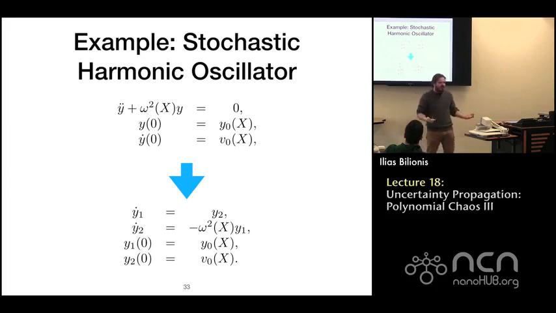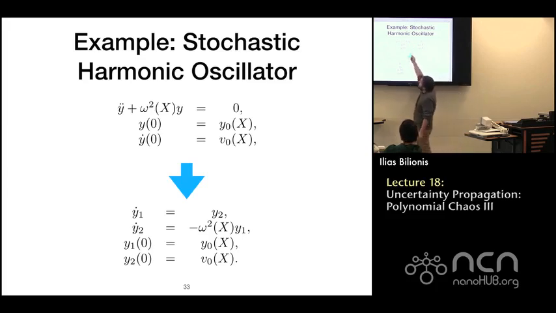You are uncertain about what the natural frequency is. Perhaps because this spring is made out of a manufacturing process that gives you a slightly different spring constant every single time, right? Or the spring is attached to a mass that may vary depending on how you manufacture it or whatever.